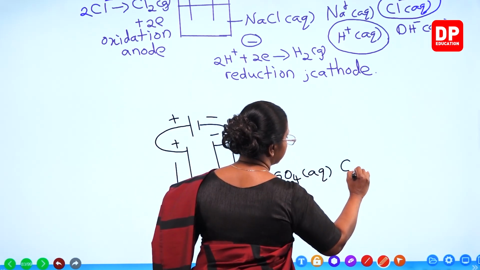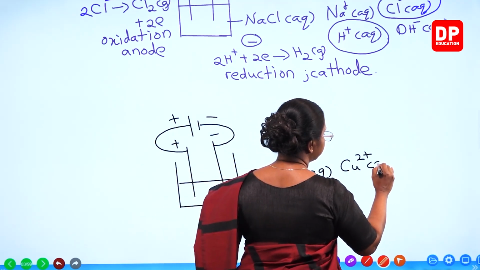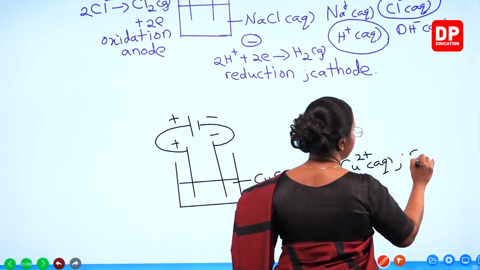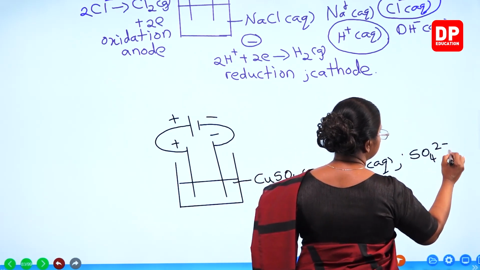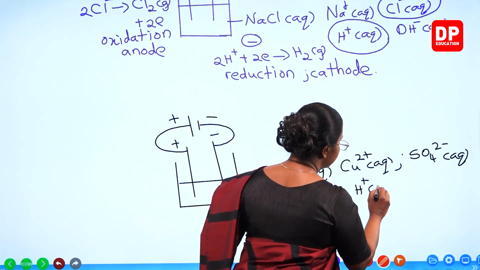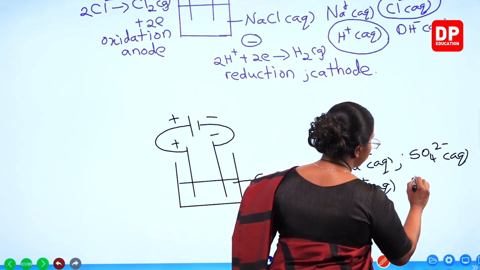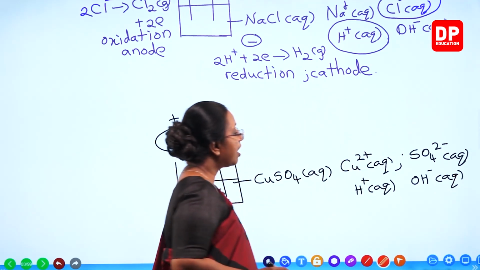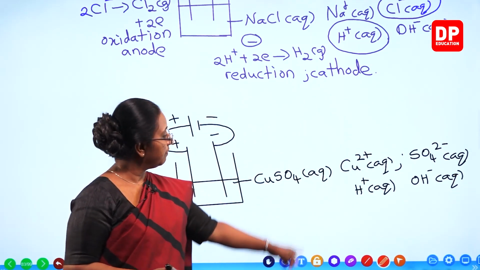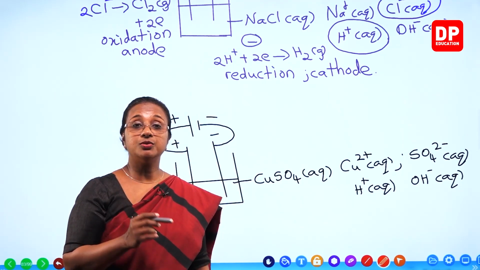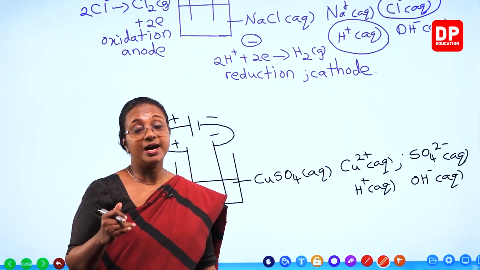That means Cu2+ ions, sulfate ions and H+ ions from water and OH- ions from water. Now out of these also, when you have copper and hydrogen, in the activity series you all know copper is below hydrogen.